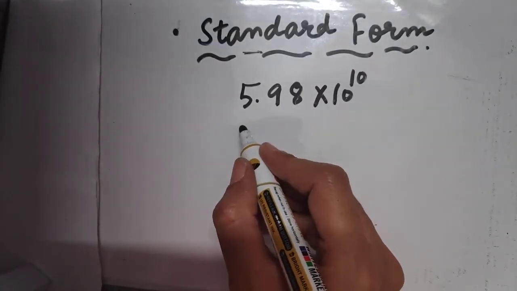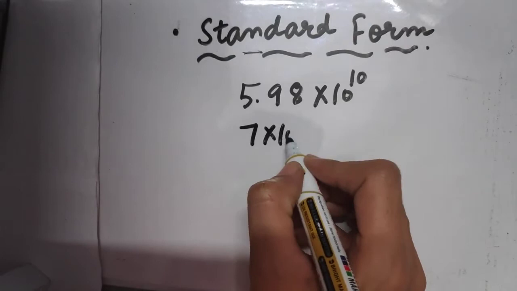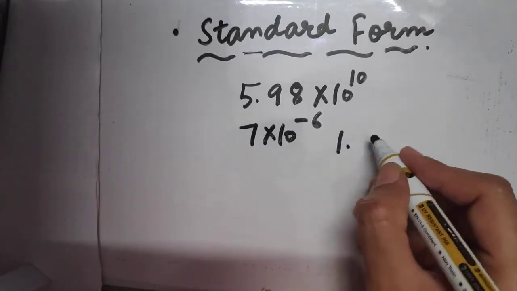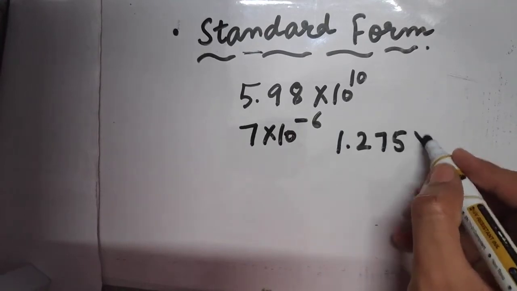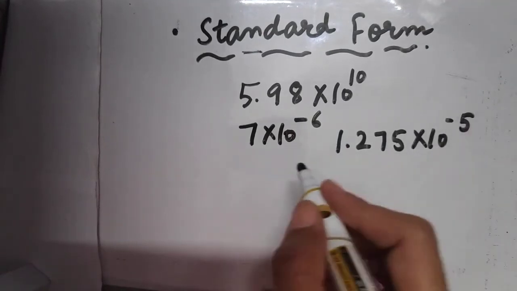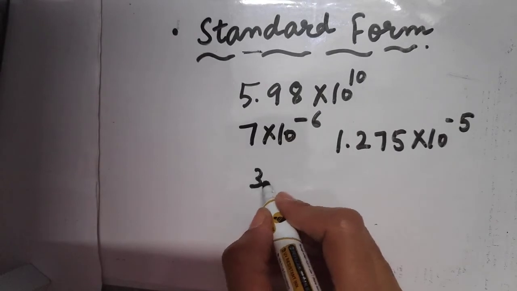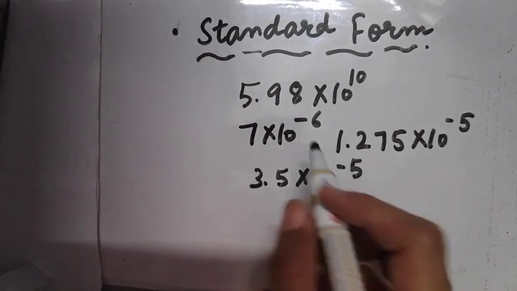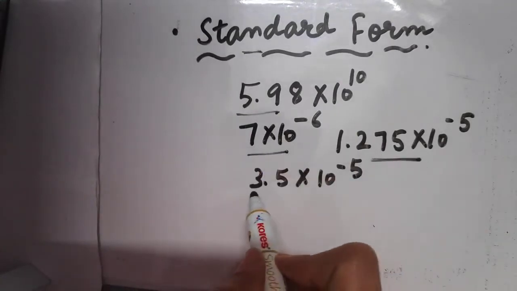Then 10 raised to the power minus 6, or it can be 1 decimal 275 into 10 raised to the power minus 5. It can be 3 decimal 5 into 10 raised to the power minus 5. All these are the standard form.